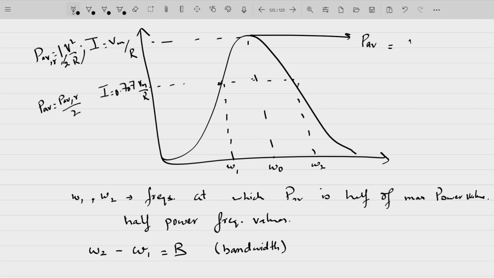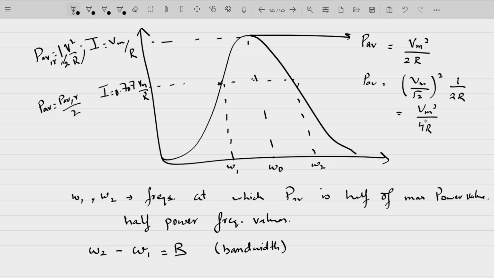Here P average was Vm square divided by 2R. Fine, we have found that. Now on either side there will be a point where P average, if I put Vm by root 2 instead of Vm, at this particular value of voltage, this becomes equal to Vm square divided by 4R.